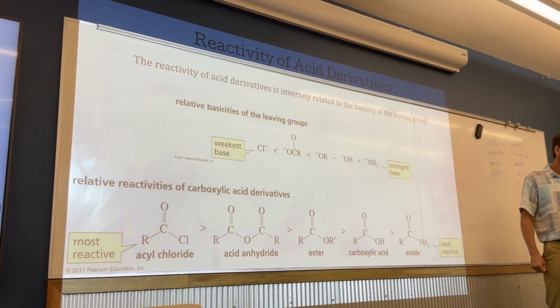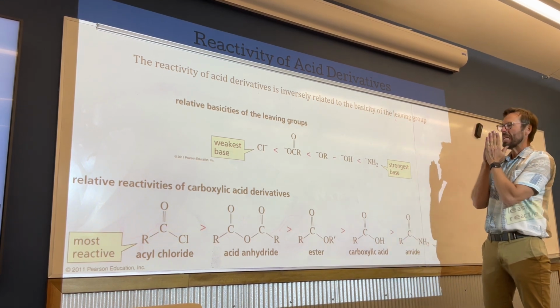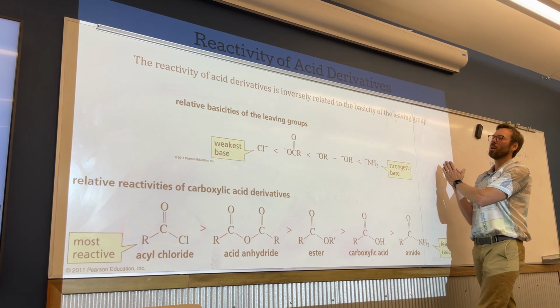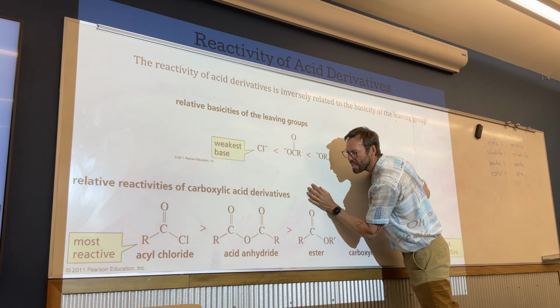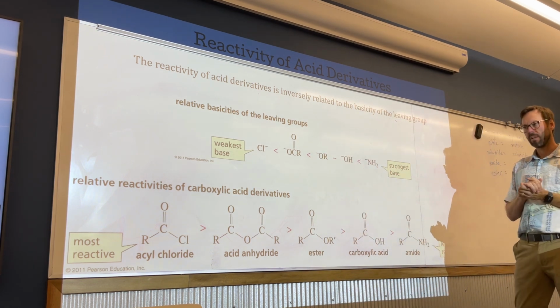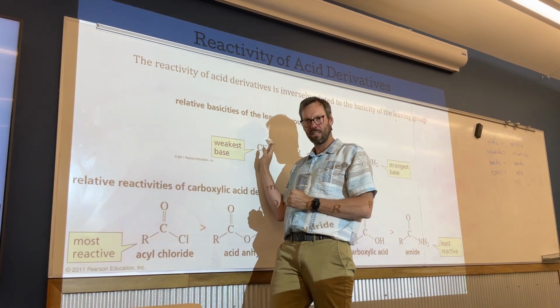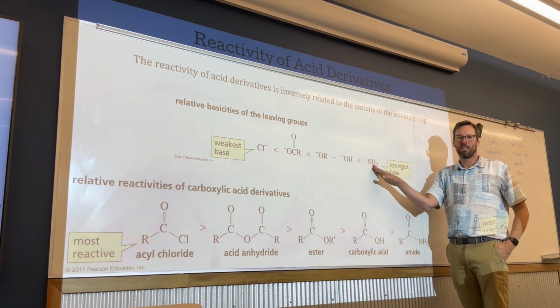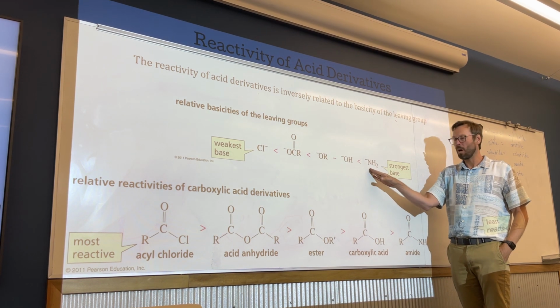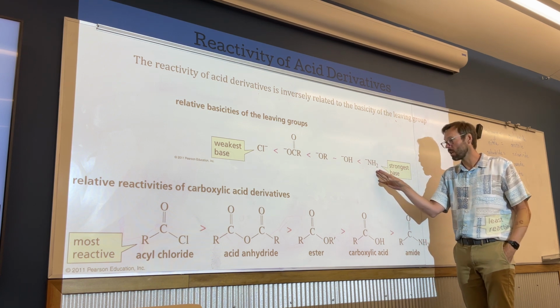Okay. So I just want to wrap up here a little bit talking about reactivity of these derivatives. And so there is an inverse relationship between the basicity of these leaving groups and the reactivity of the derivatives. All right? So you'll notice chlorine, yes, that's a weak base, right? An amine group or a nitrogenous group is going to be a strong base.